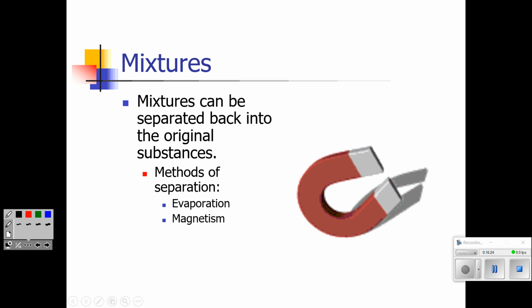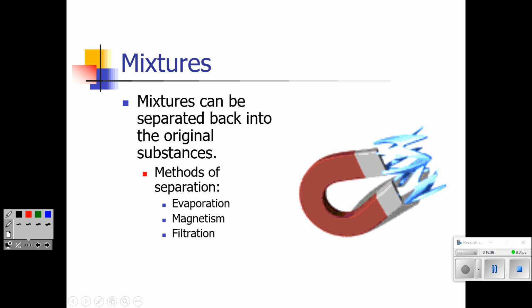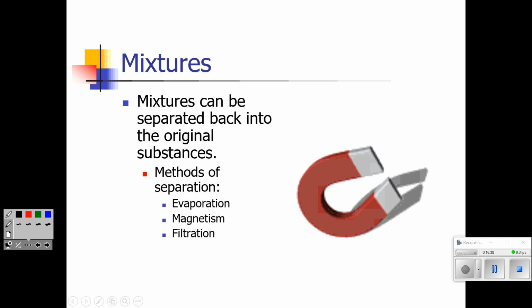Magnetism, you guys did that when you ran the magnet under. If you had a strong enough magnet, you could definitely separate the iron from the sand. Filtration, you guys did that when you separated the sand from the water. And filtration is just removing a solid substance or an insoluble substance from a solution.